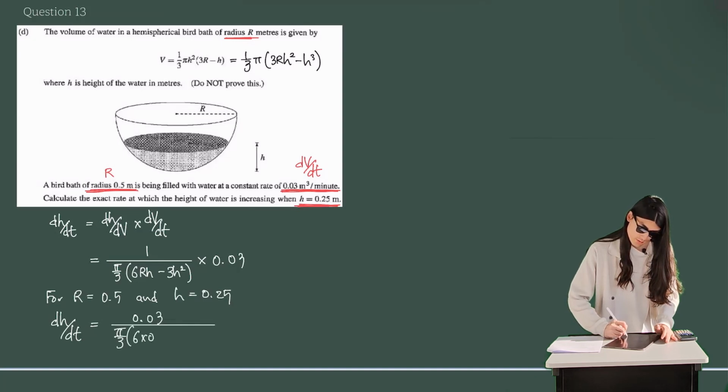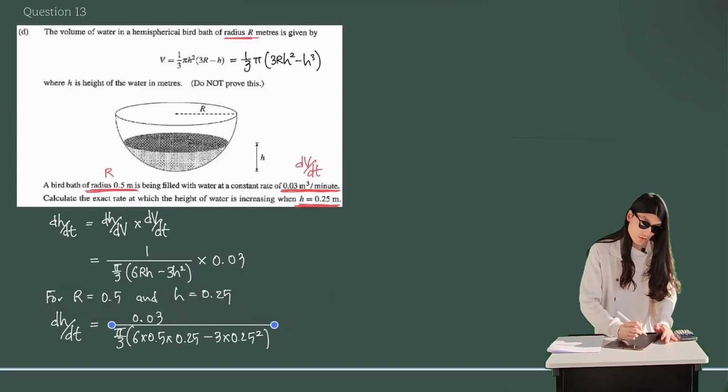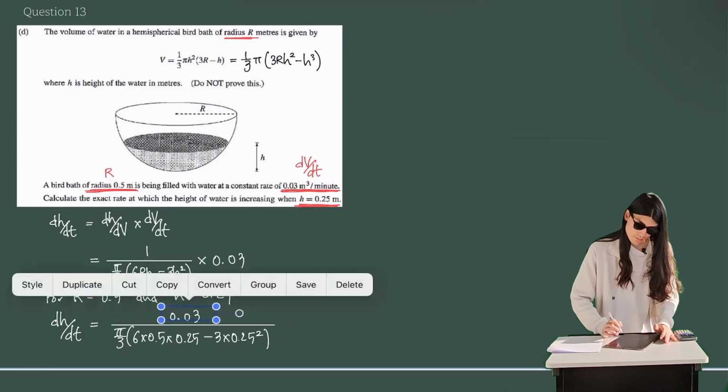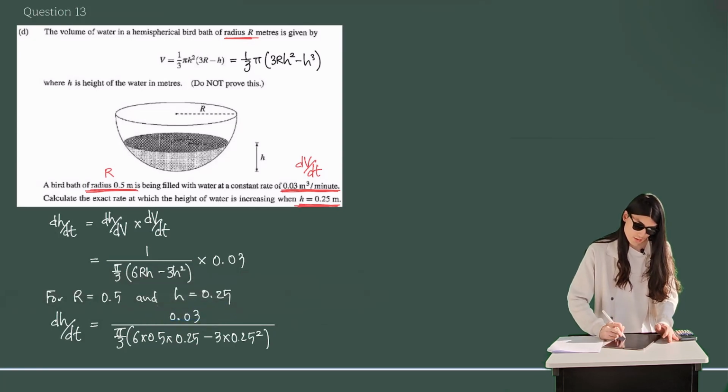Six times 0.5 times 0.25 minus 3 times 0.25 squared. And like I said, you just put that in the calculator.